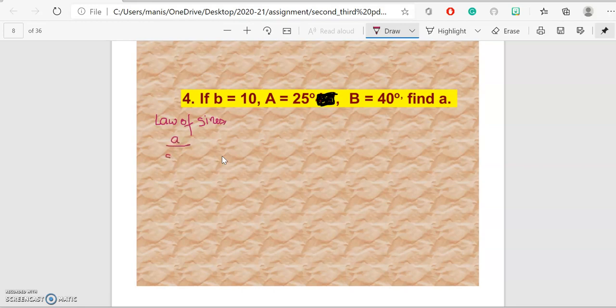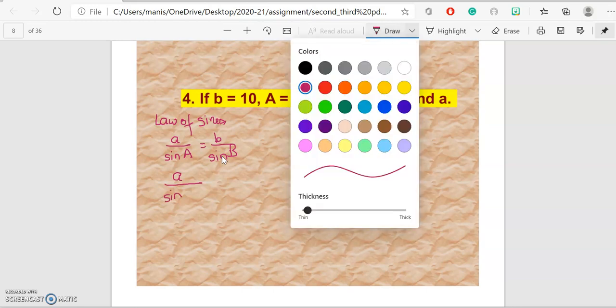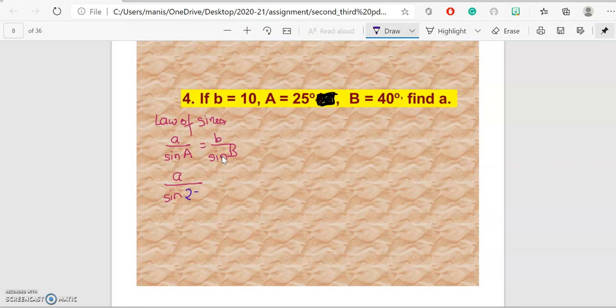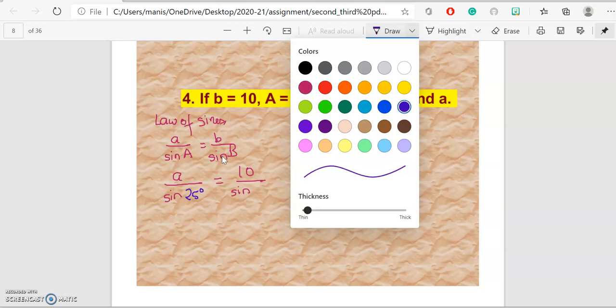I'll write it like this: a over sine of A is equal to b over sine of B. After this, I will substitute my values over here. I do not know lowercase a, but I know the value of uppercase A is 25 degrees. So I write it over here, sine of 25 degrees, equal sign, lowercase b is 10 and this says sine of B, which is 45 degrees.